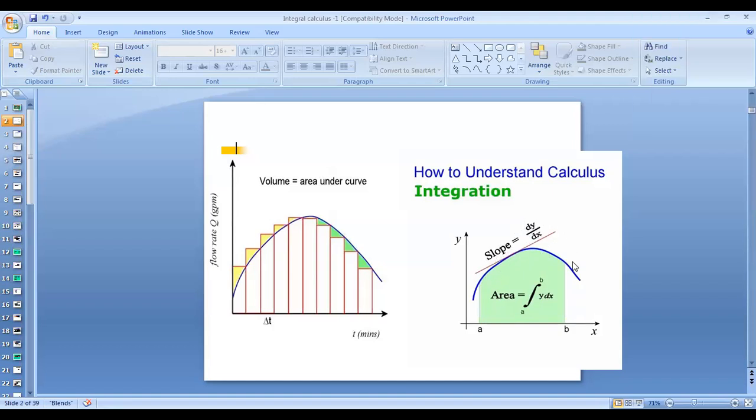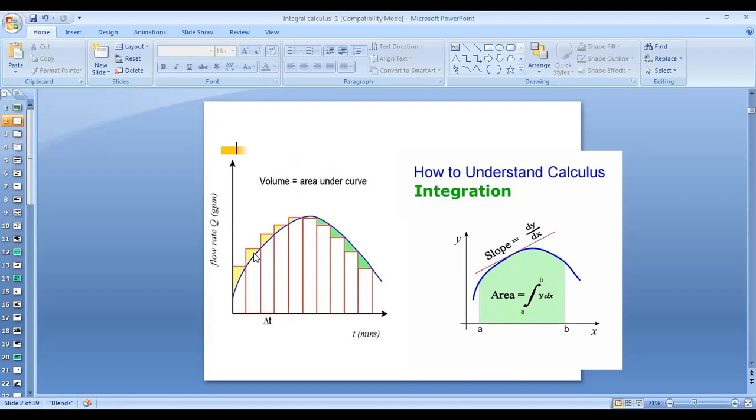This is calculus that we have to study. And in integral calculus, we find the area. If we want to find this area, we use integration. But if we want to find the rate of change of this curve, we use differentiation. Slope means differentiation, and for the area under the curve, we use integration.